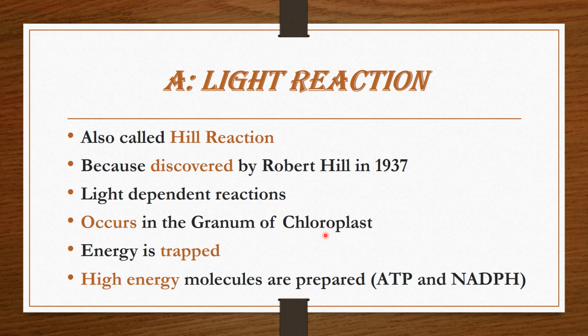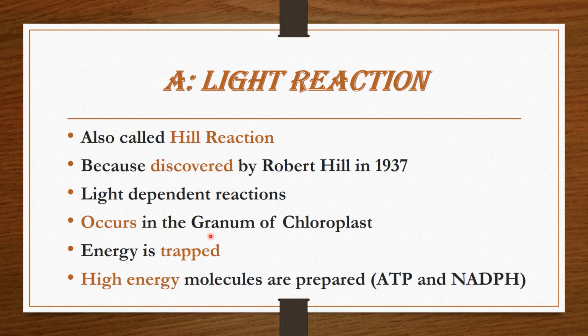When thylakoids are in the shape of a bunch, in a sac-like structure, that is called granum of chloroplast. We will show it in a diagram in the next slides, inshallah.